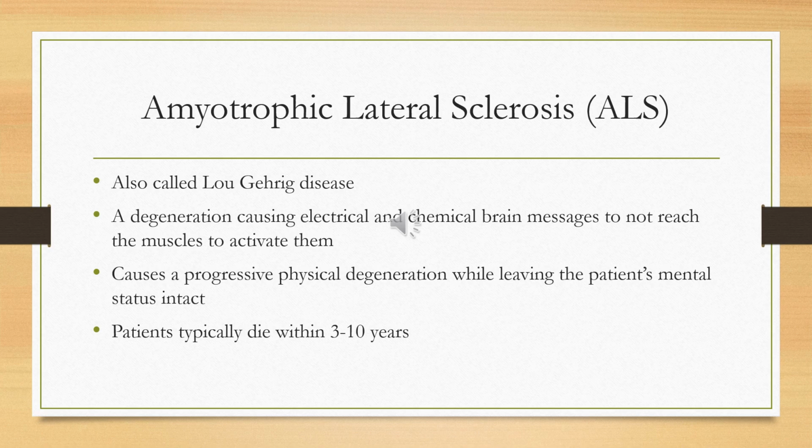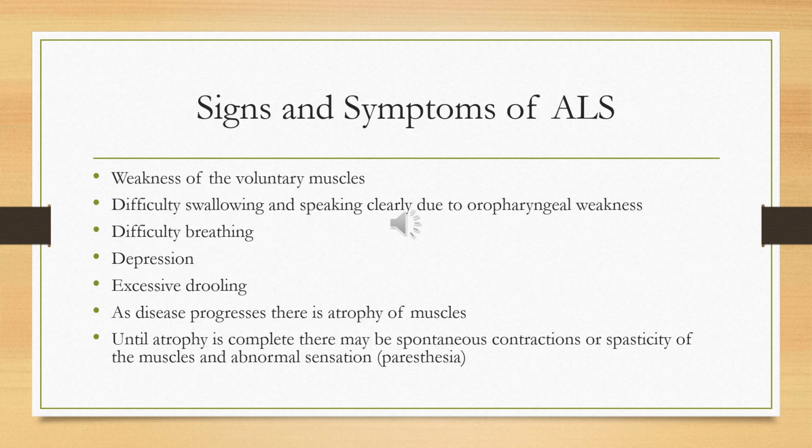So that's different than some of the other diseases that we talked about. So this individual, the mental status will remain intact for a patient with ALS. So you can just think what that does to the person as the disease is progressing. With this patient, they're going to have weakness of all their voluntary muscles.